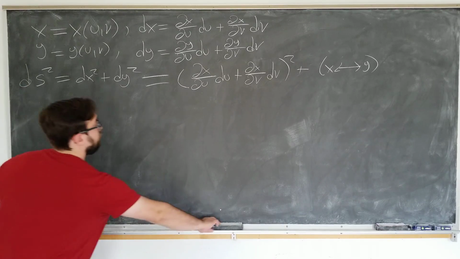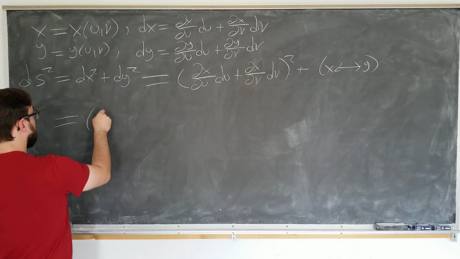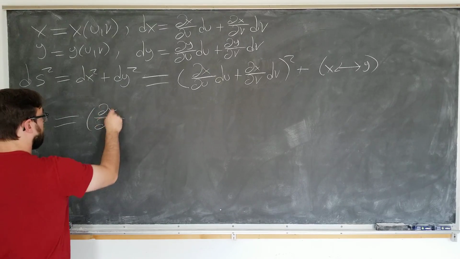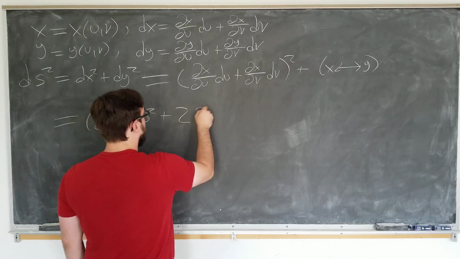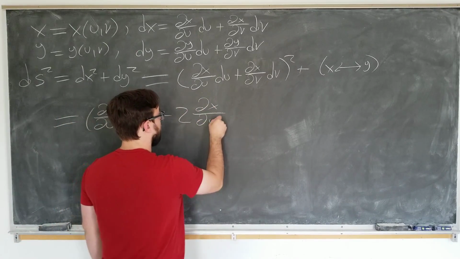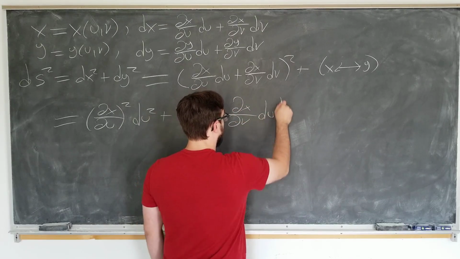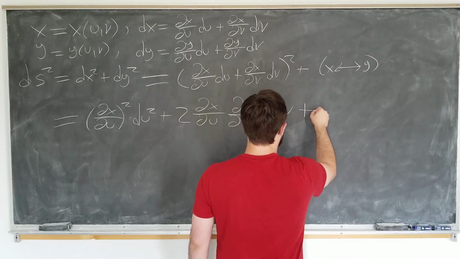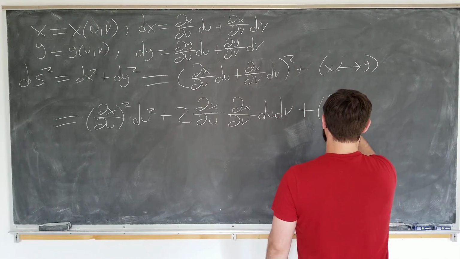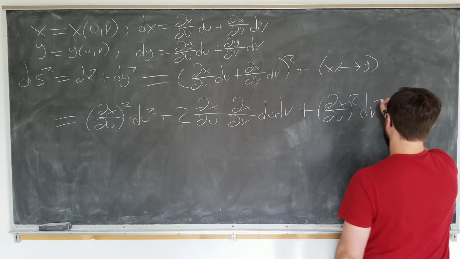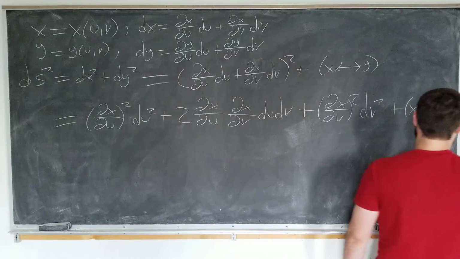This is now simply partial x by partial u squared du squared plus 2 cross terms, partial x by partial u and partial x by partial v, du dv, plus partial x by partial v squared dv squared plus the exact same thing with x interchanged with y again.